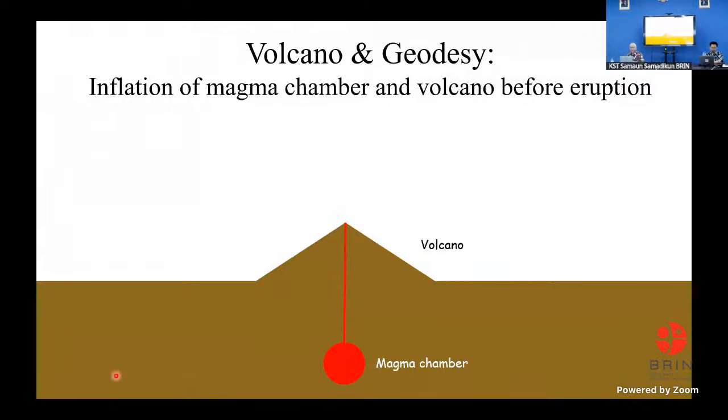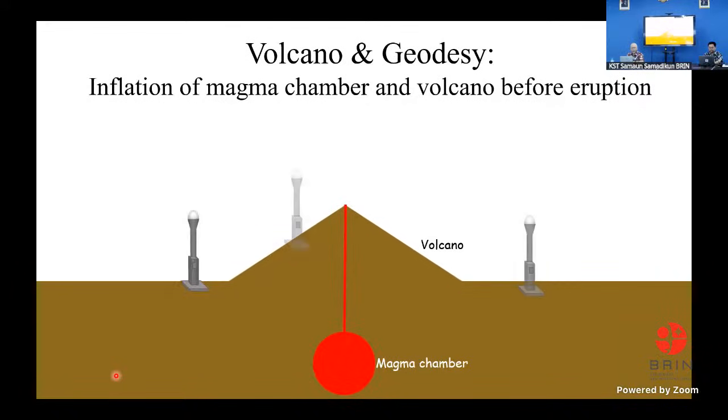Okay, so volcanoes are interesting from a geophysical point of view, and it is also important to monitor them to mitigate disaster. So we deploy GNSS stations around the volcano to monitor the inflation of the volcano by the increase of magma in the magma chamber.